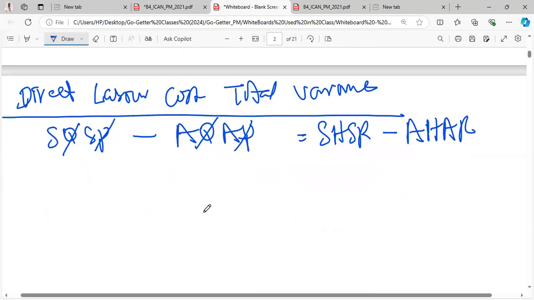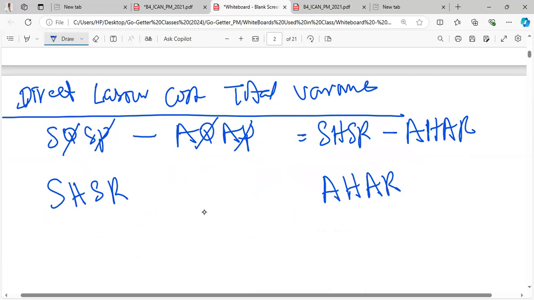So we said standard hours, standard rates, actual hours, actual rates. Then at the end, we have actual hours, standard rate.